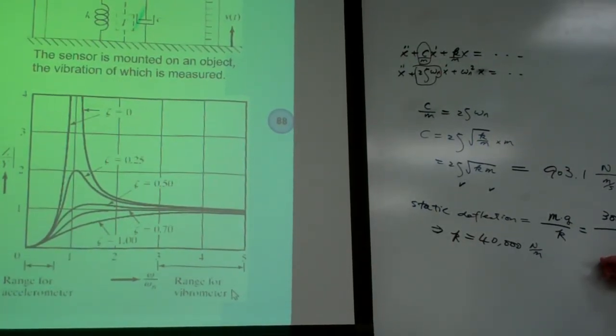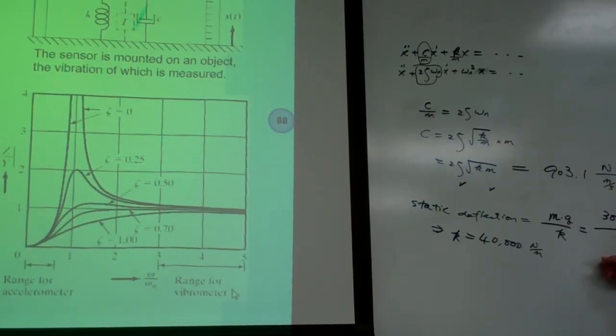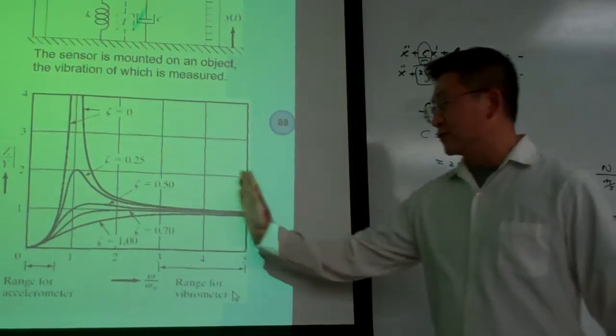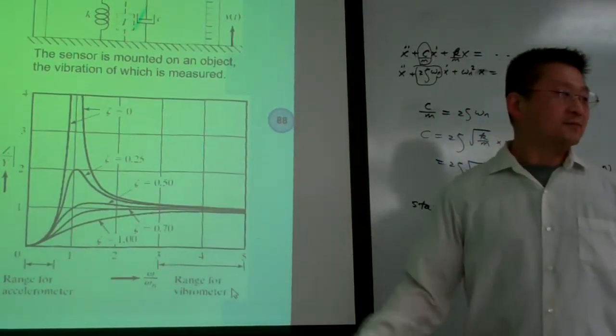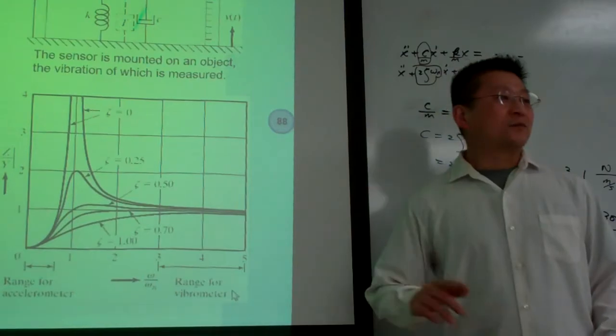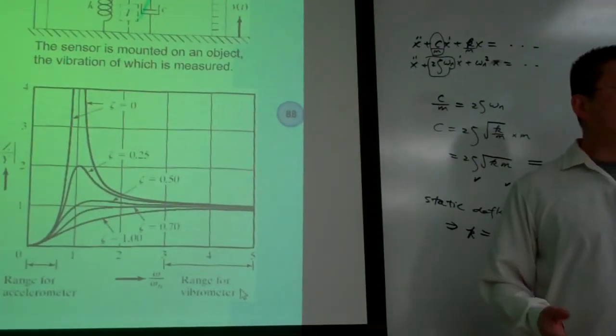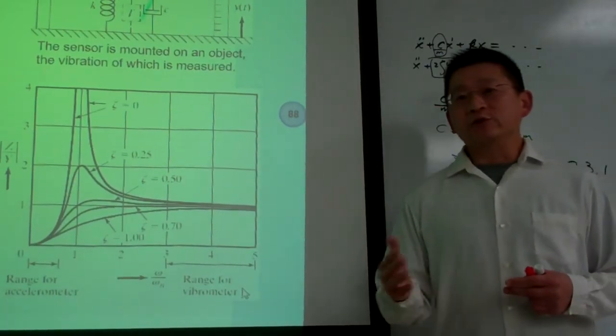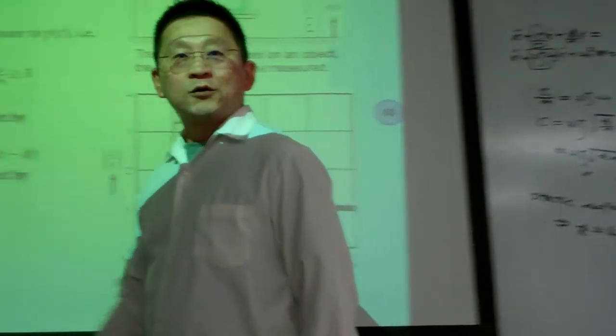Okay, but if you only have 1,000, I can tell you the range of the 1,000 sensor is falling into this range. Good. So right now, we come to the real application trade-off between the budget, between the capability, and between the approximations. Good?